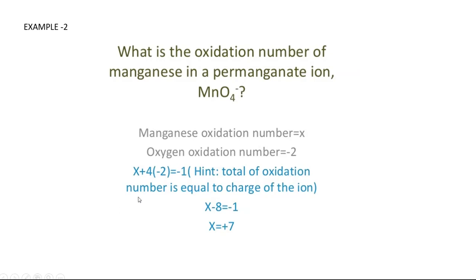So X plus 4 multiplied by -2 equals -1, because here it is an ion, permanganate ion with charge -1. Total of oxidation number is equal to charge of the ion. So X minus 8 equals -1, so X is equal to +7, that is oxidation state of manganese in permanganate ion is +7.